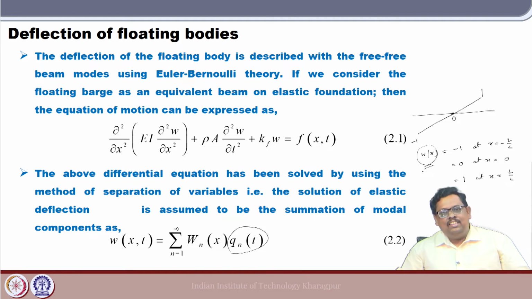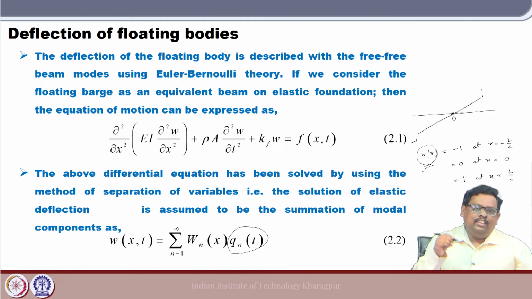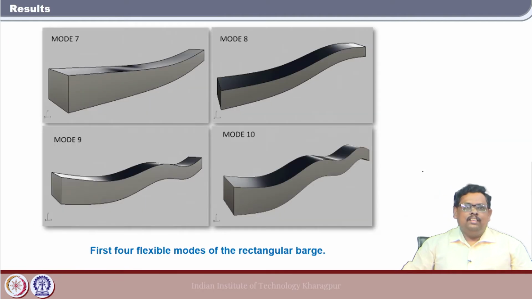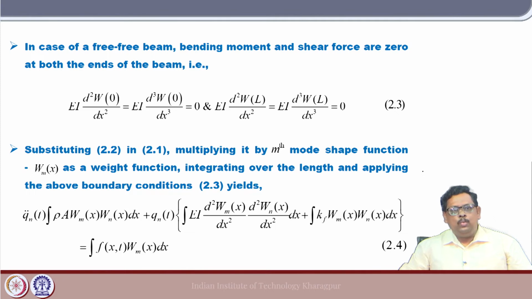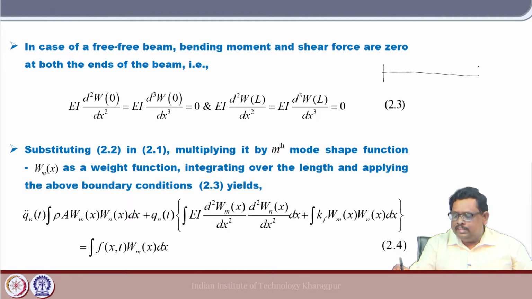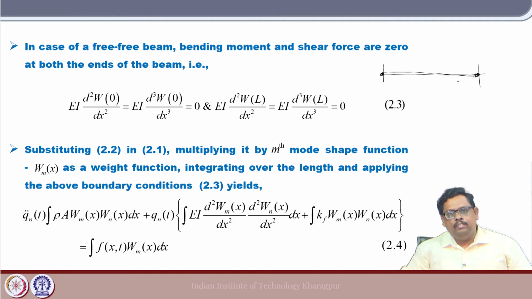Okay, now let us see how we can use this same technique for the flexible structure. Let us say we are using this 4 mode, and we are assuming it to be a free beam. Therefore, the bending moment and the shear force at the corner are equal to 0. So if this is the body, at this point the shear force and bending moment are 0, and at this point also the shear force and bending moment should be equal to 0.